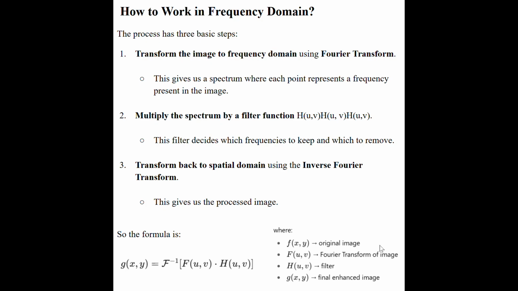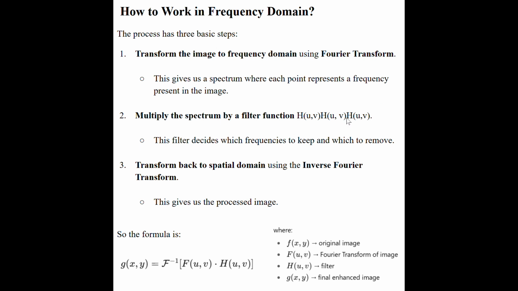So, how to work in the frequency domain? This process has three basic steps. First, transform the image to the frequency domain using the Fourier transform, which will give you the spectrum where each point represents a frequency that is present in that image. Then in the second step, you multiply the spectrum by the filter function H(u,v).